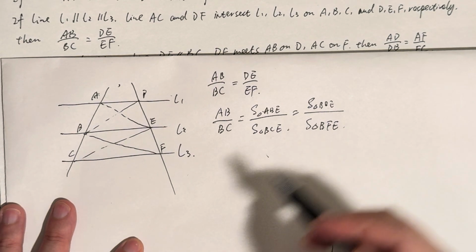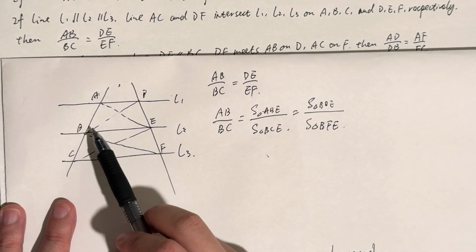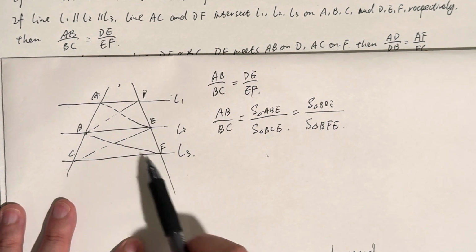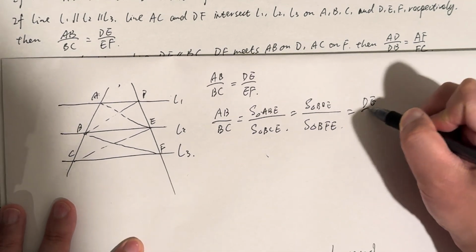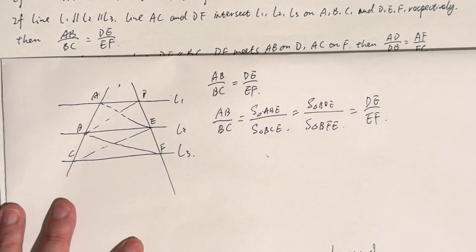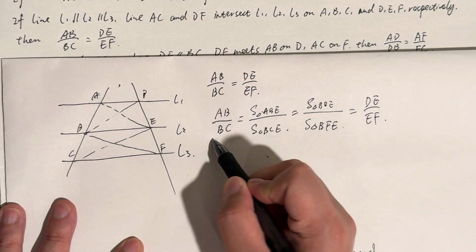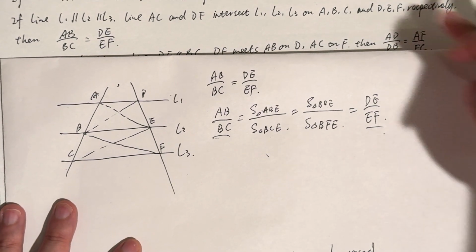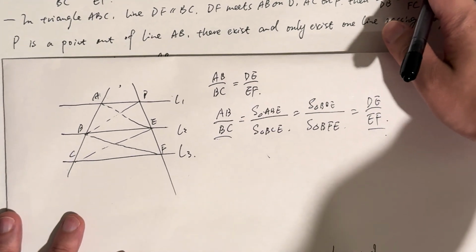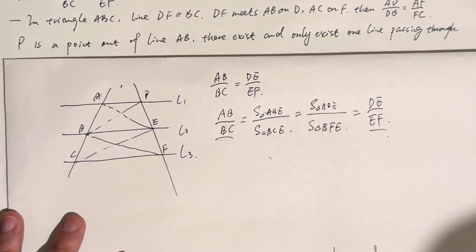So now we turn it into the area of triangle BDE to the area of triangle BFE, which equals DE to EF. Okay, we just proved it based on the theorem we just learned. Okay, so let's see the next one.